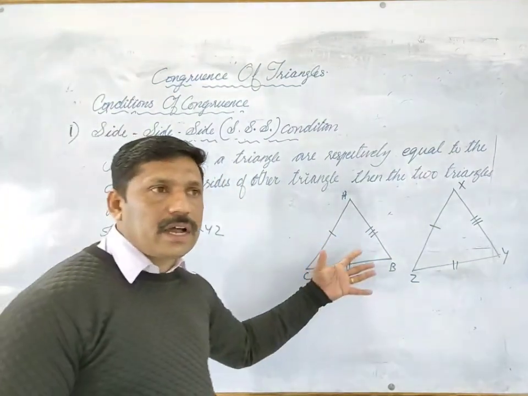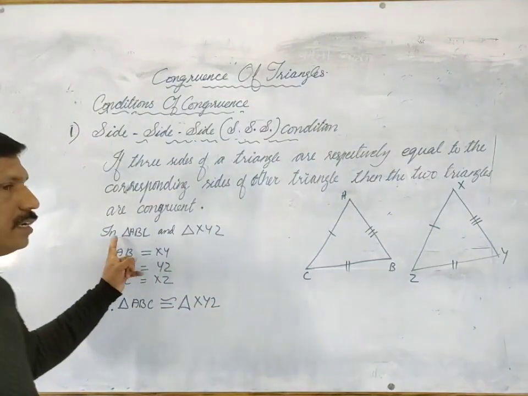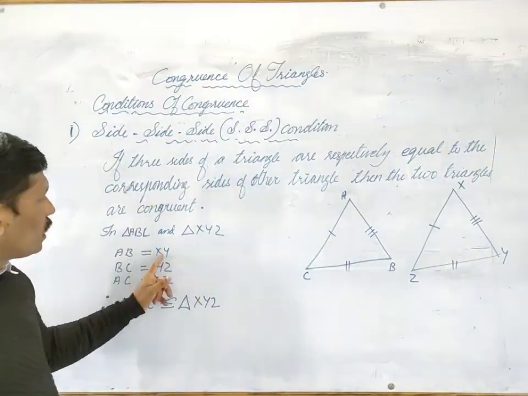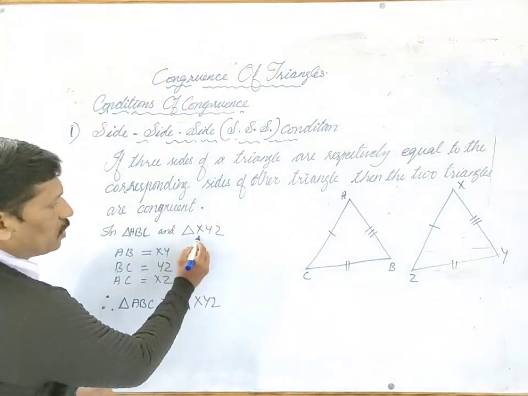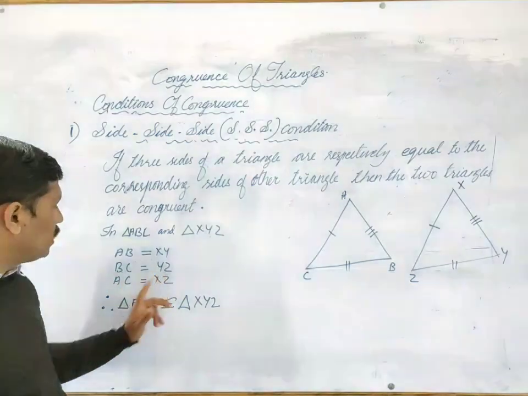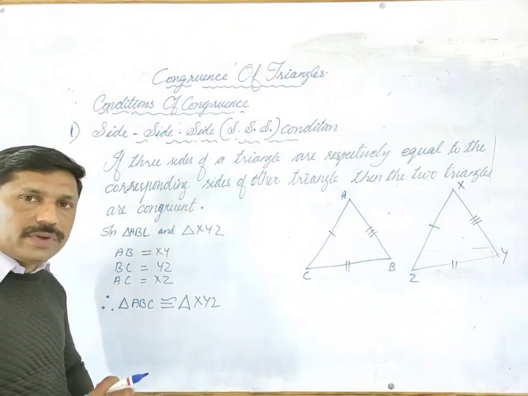Here I have written the congruence of their corresponding sides. Here you can see in triangle ABC and triangle XYZ, AB is equal to XY, and BC is equal to YZ, and AC is equal to XZ.